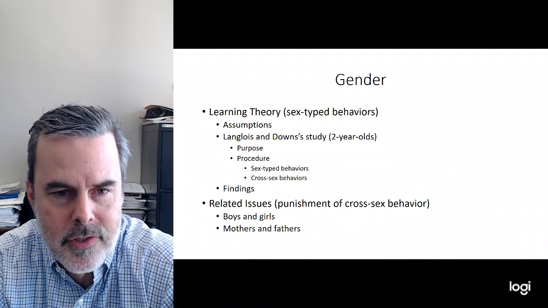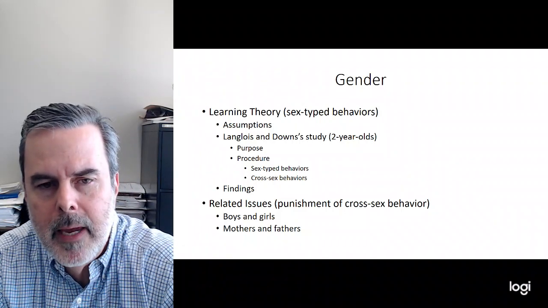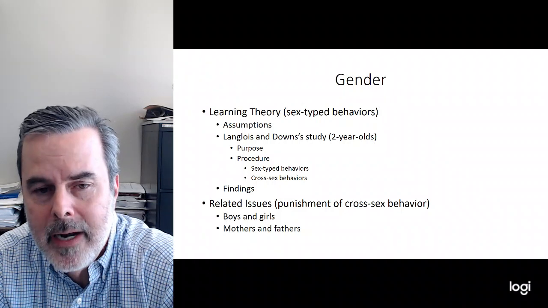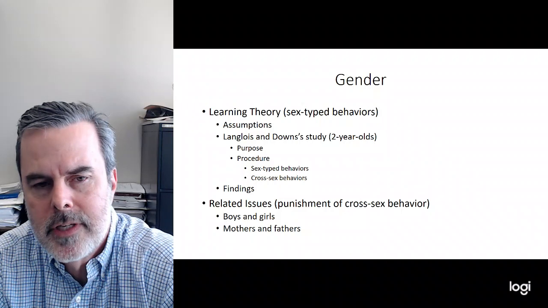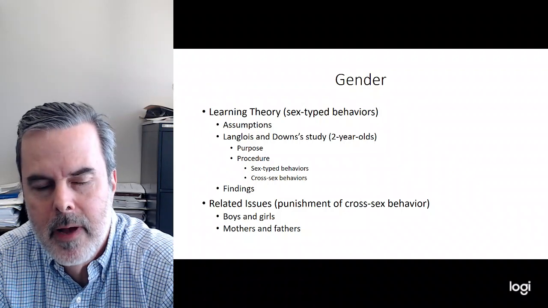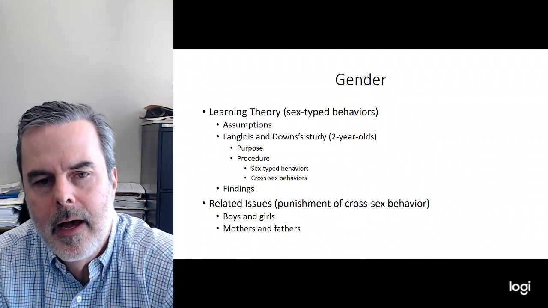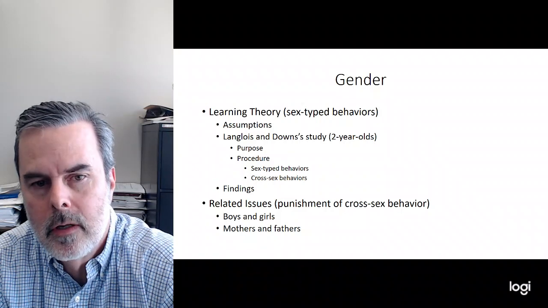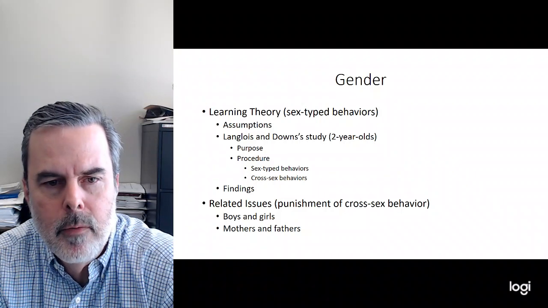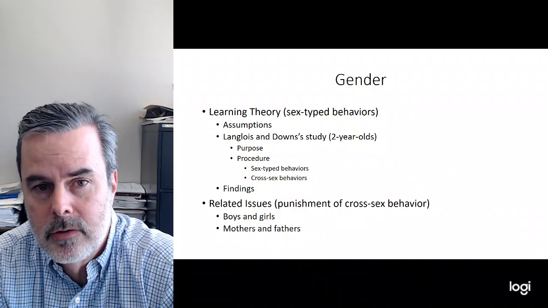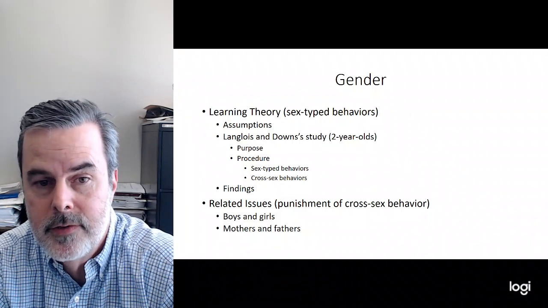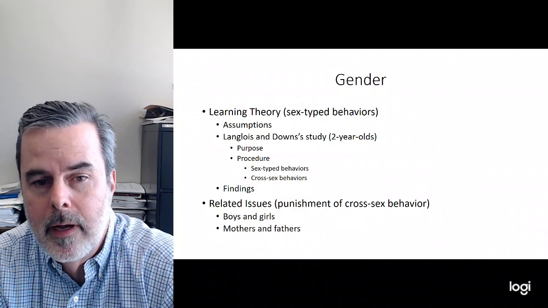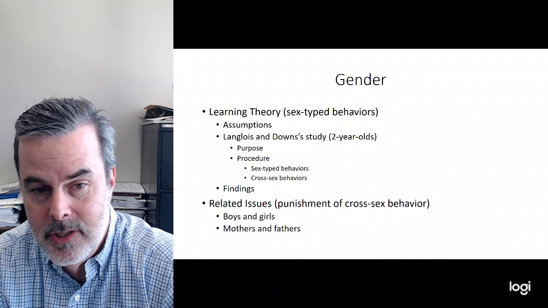In contrast, the parents consistently punished kids for showing cross-sex behaviors, where boys might play with Barbie dolls and kitchenware sets, and girls with G.I. Joe dolls and Tonka trucks, which would be playing with toys that were deemed appropriate for the opposite gender.